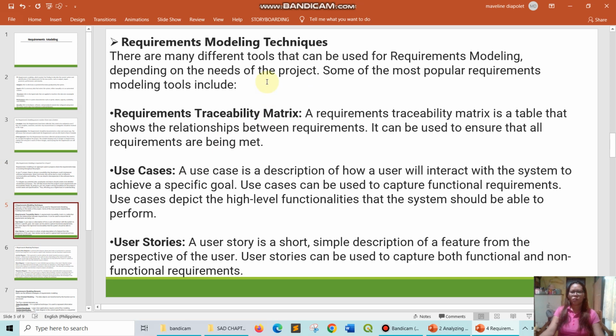So, requirements modeling techniques. There are many different tools that can be used for requirements modeling depending on the needs of the project. Some of the most popular requirements modeling tools include requirements traceability matrix, use cases, and user stories.